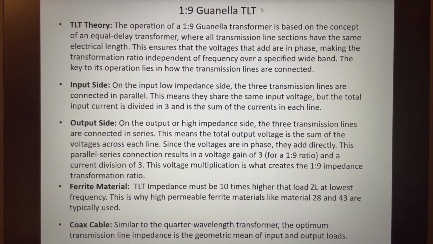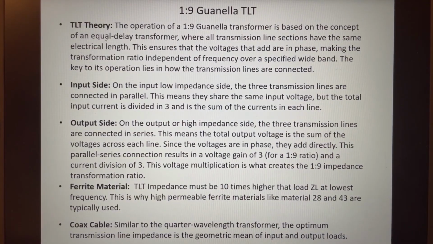So TLT theory, the 9 to 1 or 1 to 9 Guanella transformer, as I said, is based on equal delay transformers. So the transmission line lengths are the same, and this ensures the voltages stay in phase because we're adding them. Okay, and the currents are out of phase. So we actually have twice the voltage but half the current.